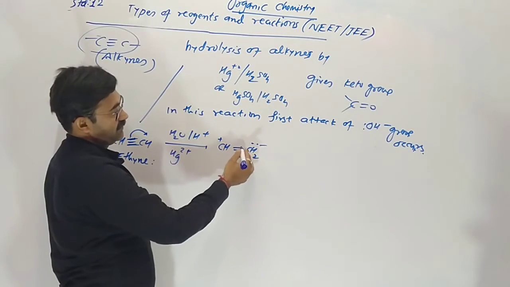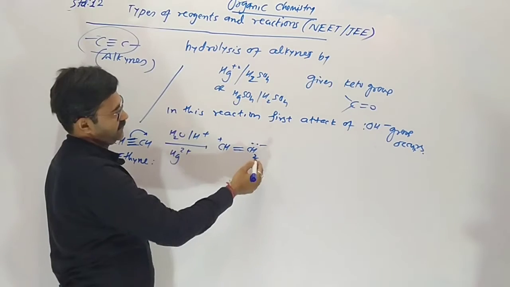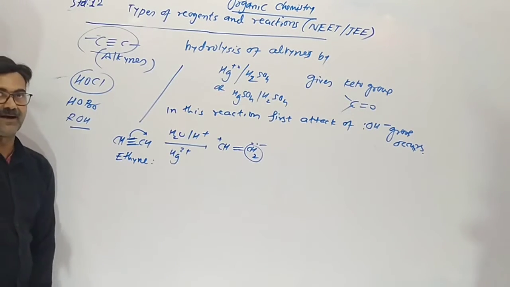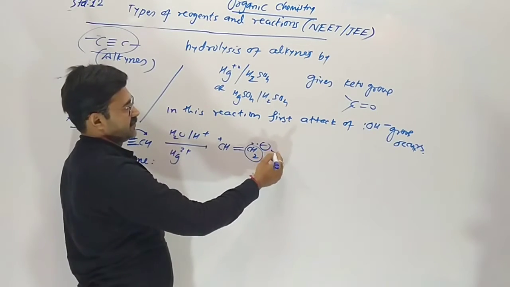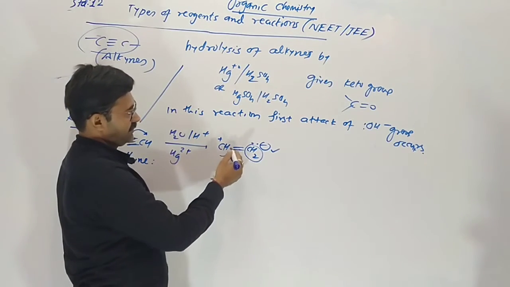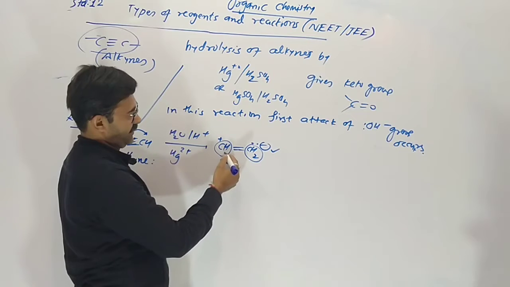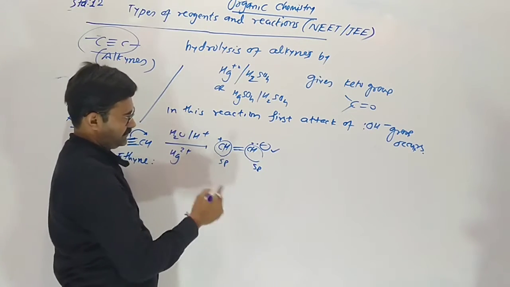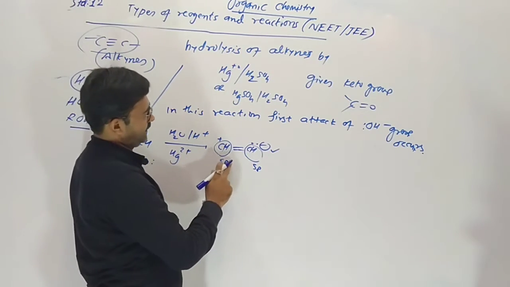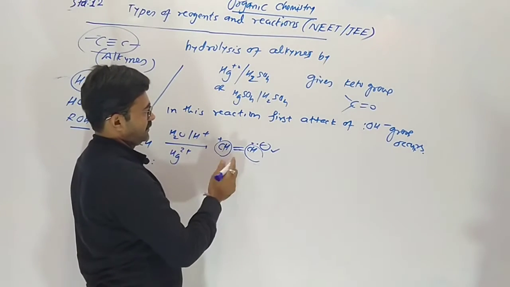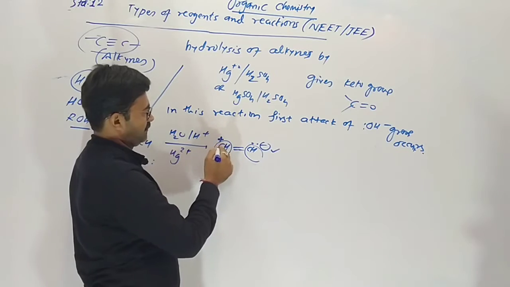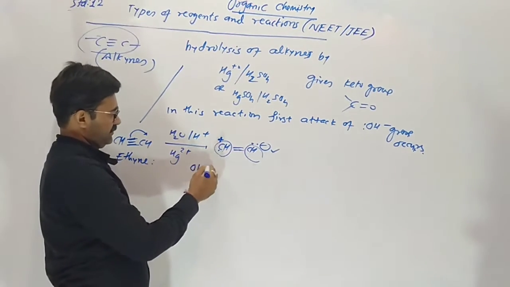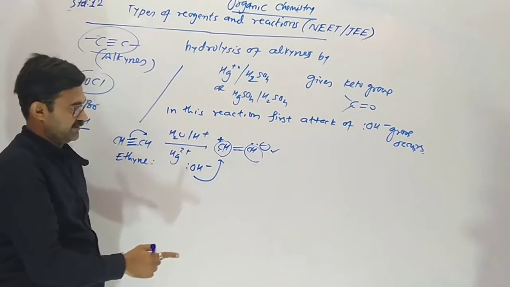Here carbon is sp hybridized, both. Electronegativity high, but carbon is positive, so unstable. So first attack occurs on the unstable part.